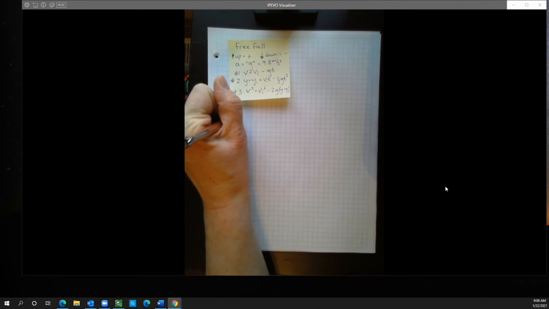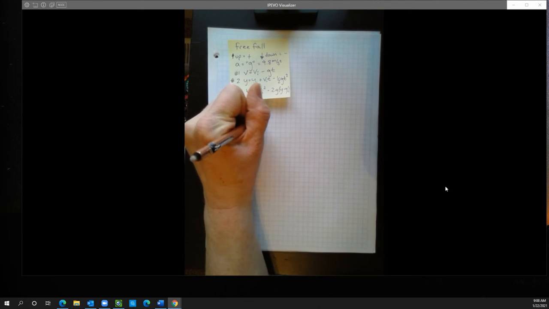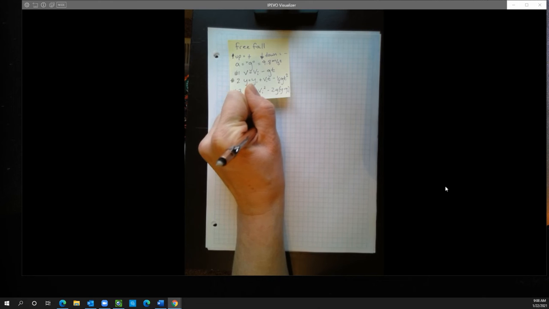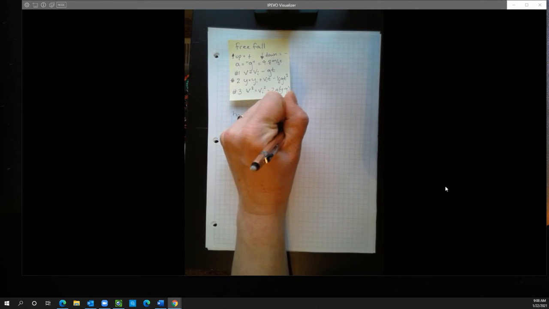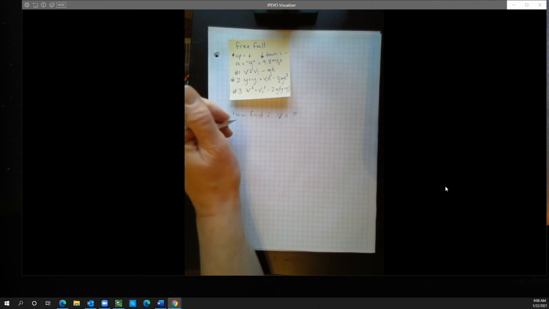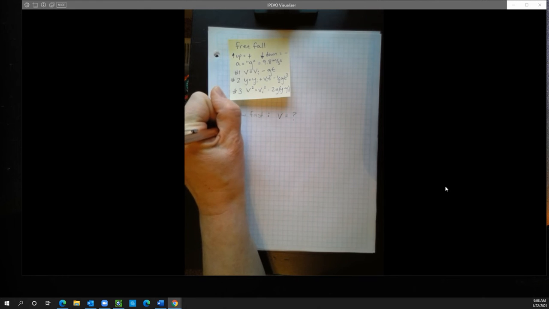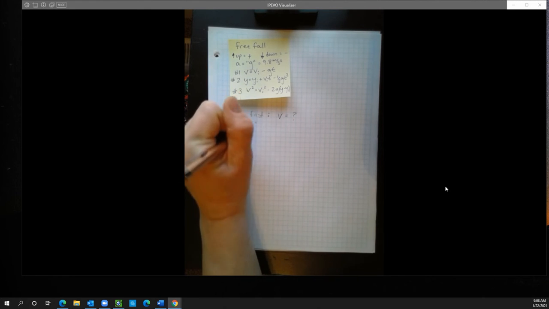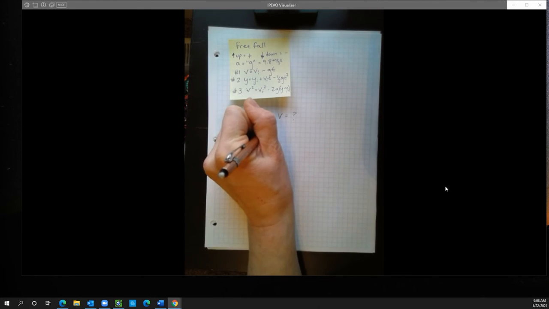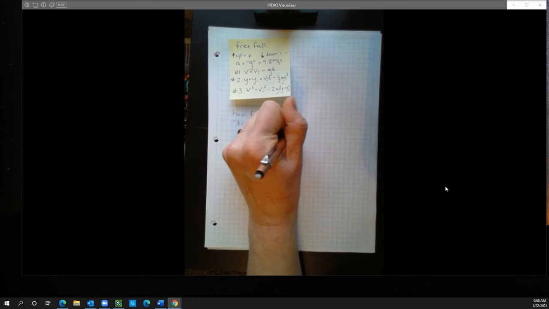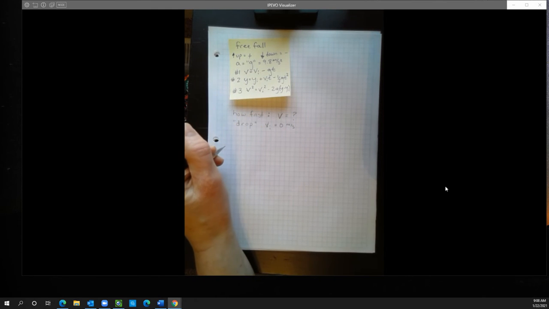Okay, so how fast is asking us for final velocity. We have that keyword drop, so that tells us that the starting velocity of the brick is 0. And then it's a window that's 3.5 meters above the sidewalk.